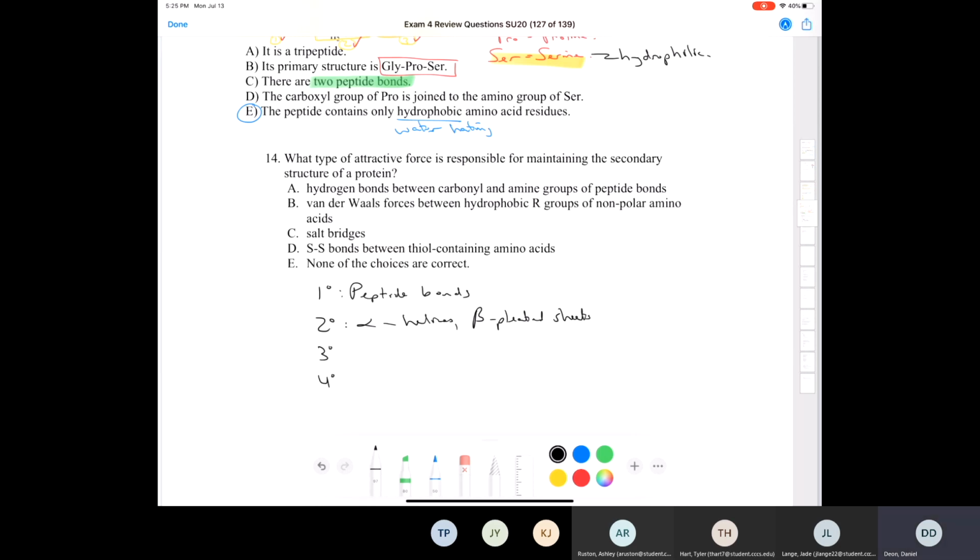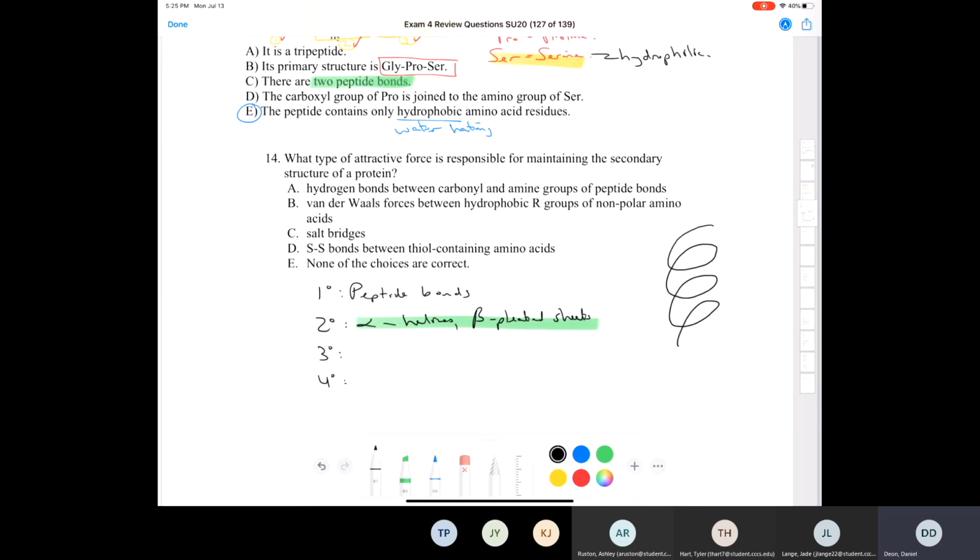And I went over tertiary and quaternary structure. The interactions that hold together the alpha helices and beta pleated sheets are hydrogen bonds between the carbonyls and the amino groups of subsequent amino acids. And in fact, there's a pretty cool figure in one of my slides where it shows a bunch of amino acids in an alpha helix like this, right?